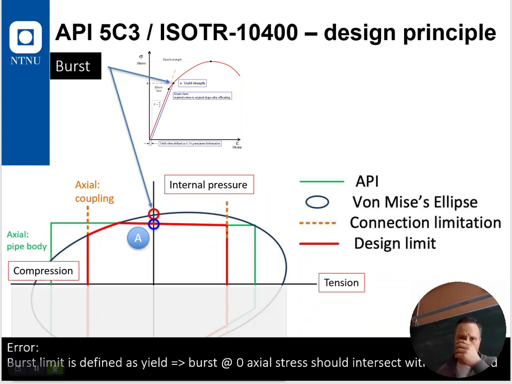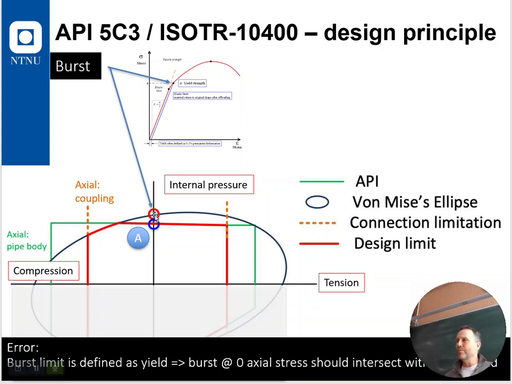Again, for burst, this is also kind of an error. The difference is the 0.875 between the blue and the von Mises touch point, because Barlow calculating the burst pressures is done without taking any actual stress, right?